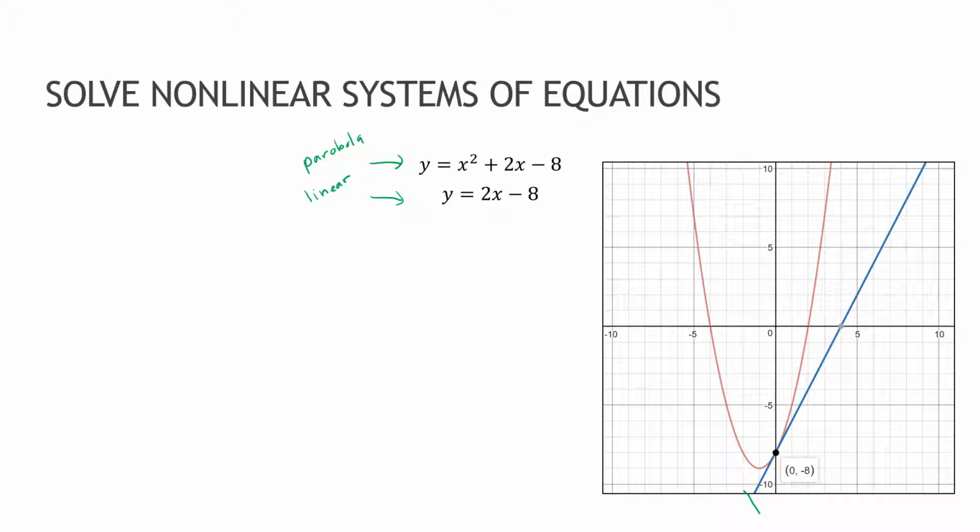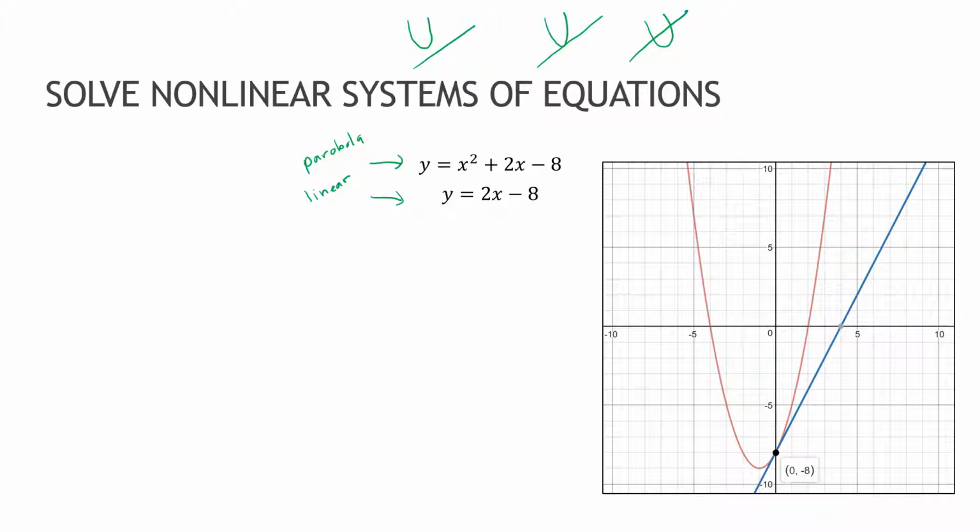Now, why would I start with that? Because I want to know, before I get started, what's the most number of times that these could cross? A parabola with a line could cross 0 times, 1 time, or 2 times. So 2 is the most number of intersections I should have, 0 is the least.